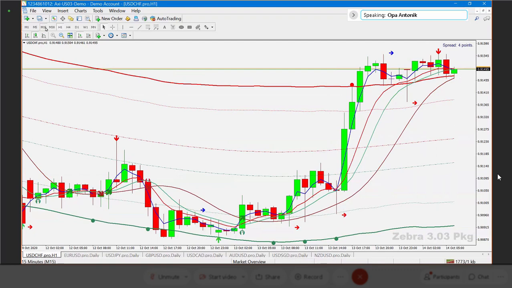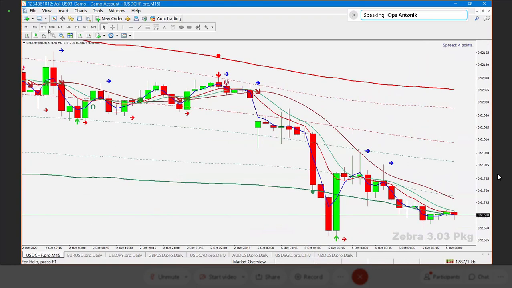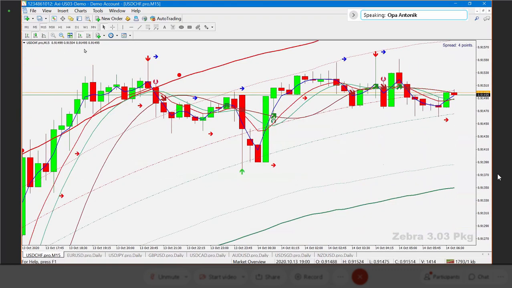Let's go down to the 15-minute now and see what we see here. We have the 15-minute and the river on the 15-minute is still up, right?